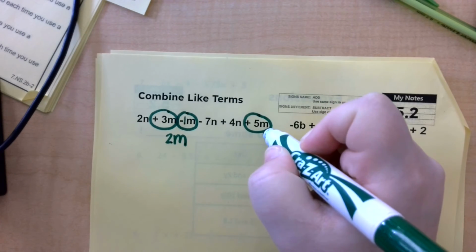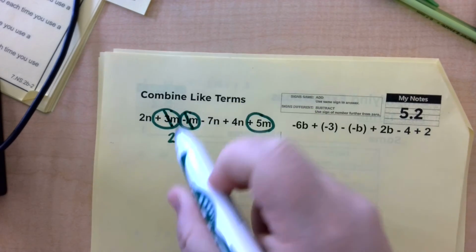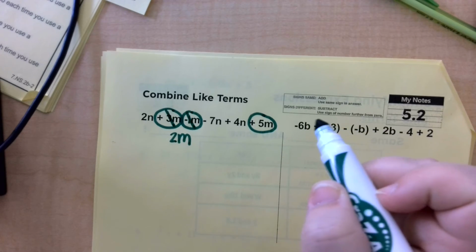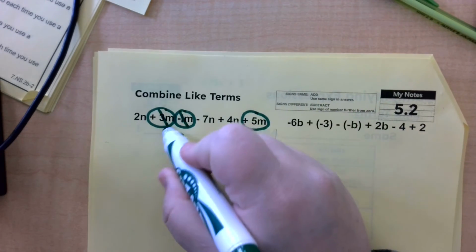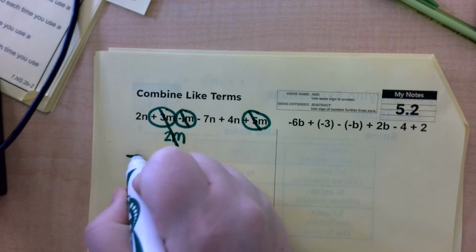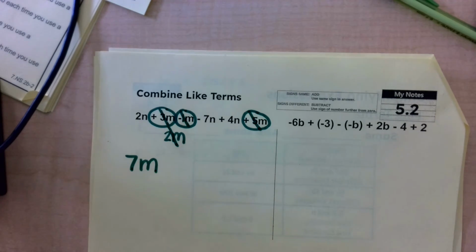And then I still have the plus 5. 2m plus 5m is 7m. So I'll cross those out. 7m. I'm going to switch colors. You don't have to switch colors. You could just use a different shape if you would like.